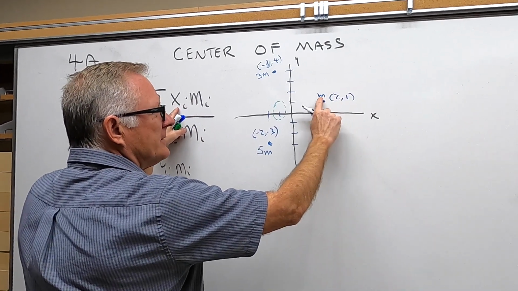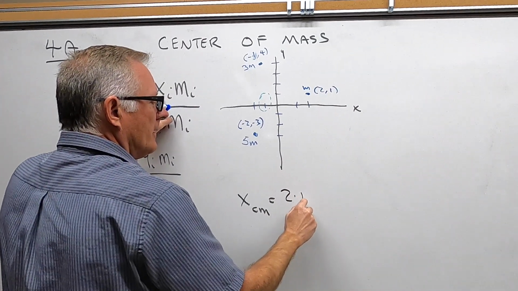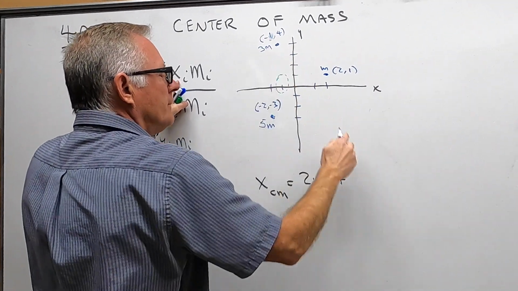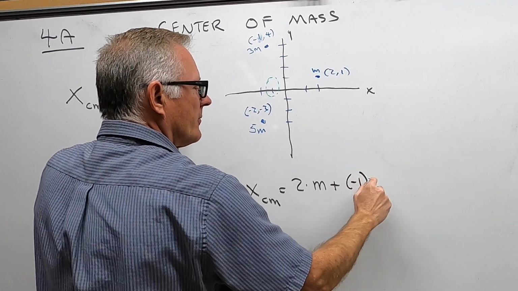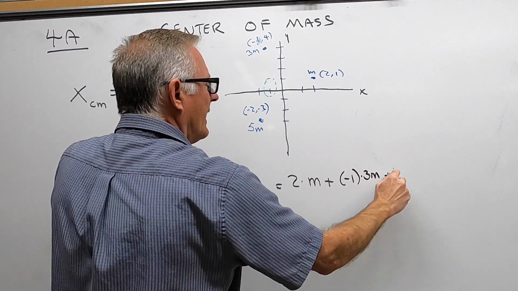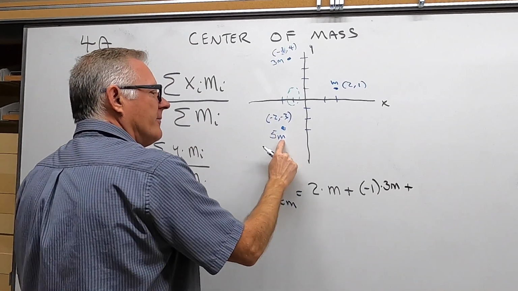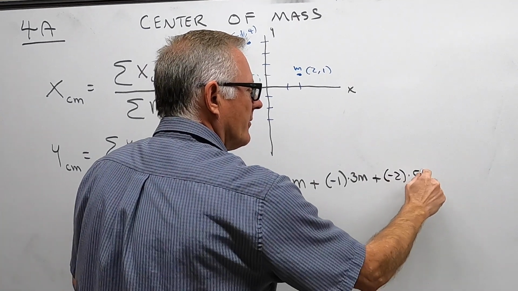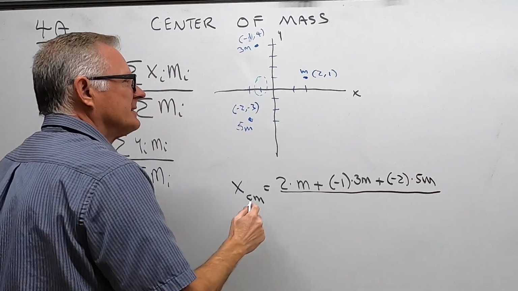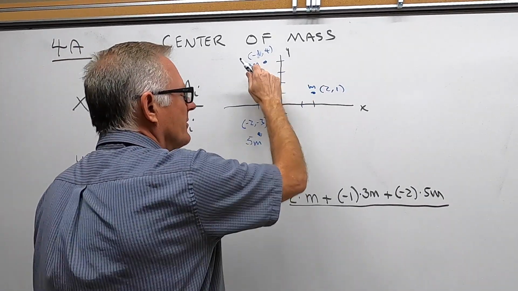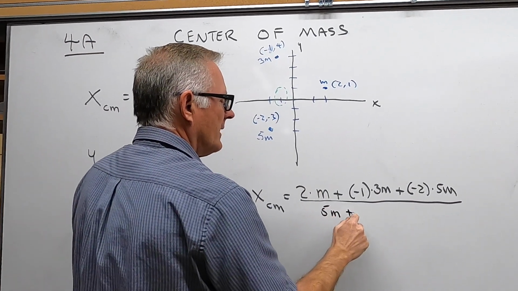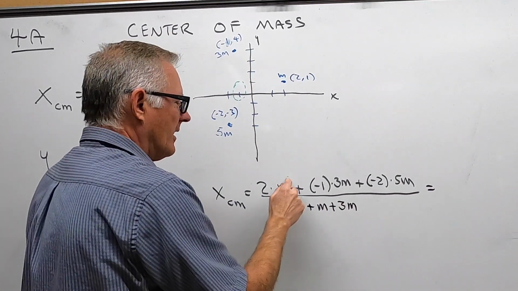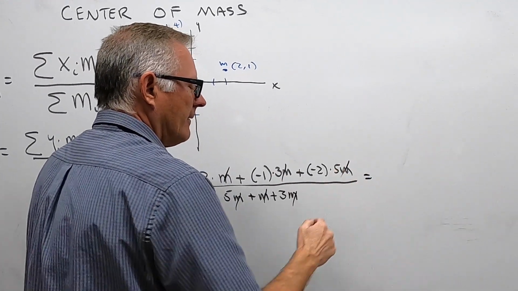So this is 2 times m, plus minus 1 times 3m, plus minus 2 times 5m, divided by the sum of all the masses, 5m plus m plus 3m. Okay, all the m's are gone. There shouldn't be any m's left, right?